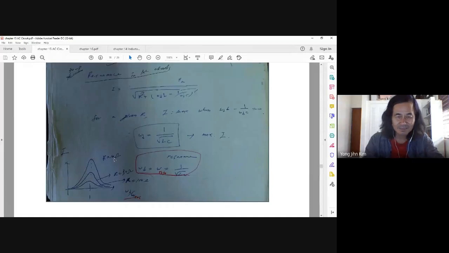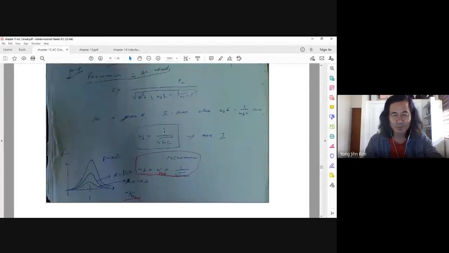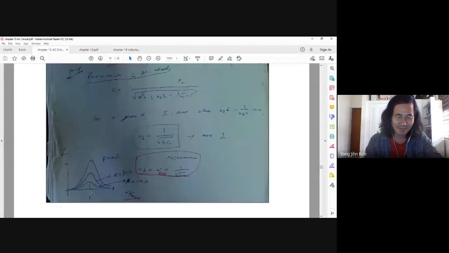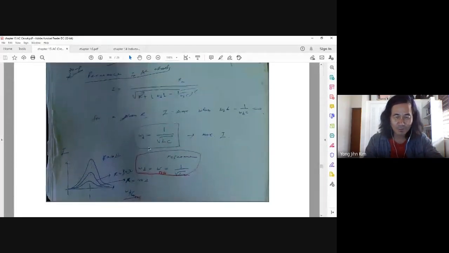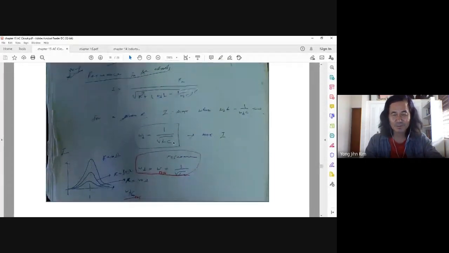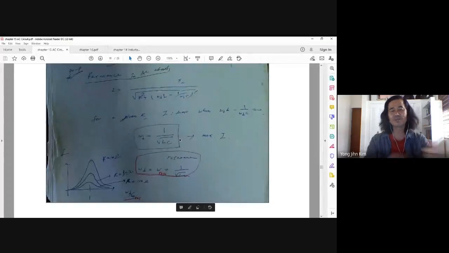And then when this term becomes zero, omega is 1 over square root LC. You remember this is the angular frequency for an LC circuit without resistance.